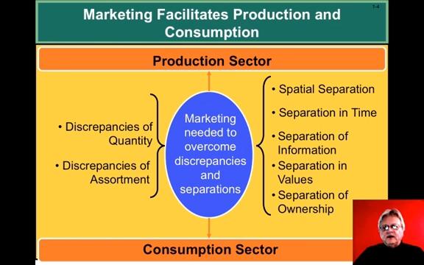And one thing that marketing does quite well is bridge those gaps as well. Consumers want products where they want them, when they want them, and the quantities they want them in. And marketing bridges the gap between the production and the consumption sector in those regards.